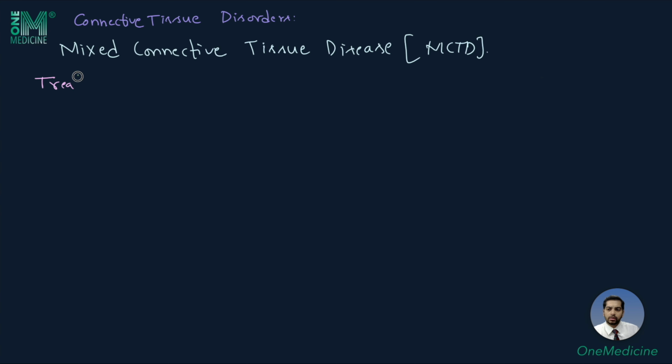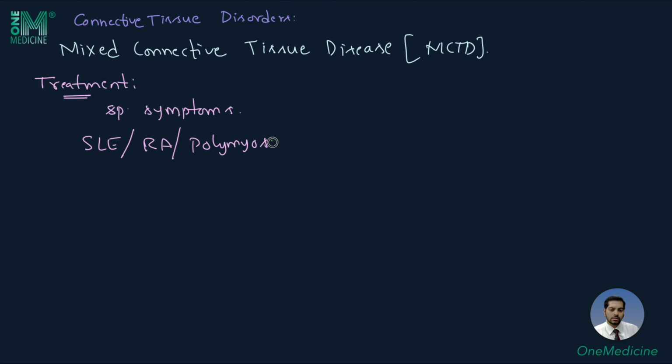Treatment for mixed connective tissue disease involves treating the specific symptoms and management of SLE or rheumatoid arthritis or polymyositis or systemic sclerosis symptoms.